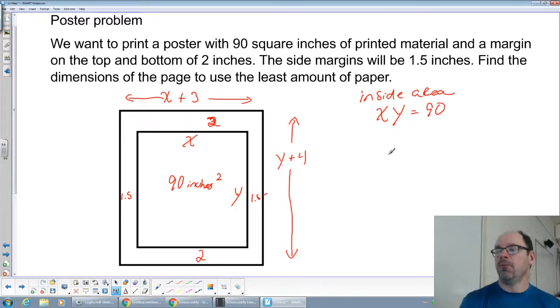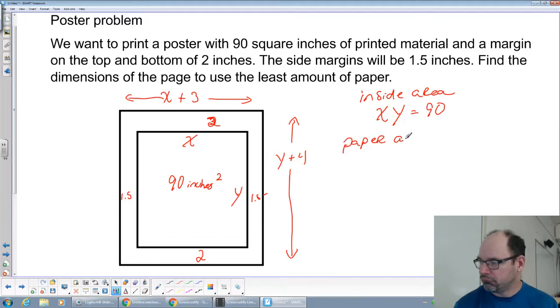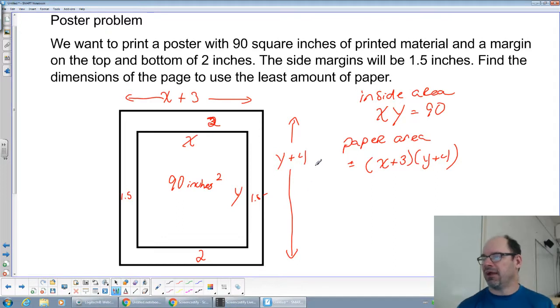That's not what we're trying to maximize or minimize. The outside area, the paper area, is equal to X plus 3 times Y plus 4. We'll call that the outside area A. This is what we're trying to minimize here.